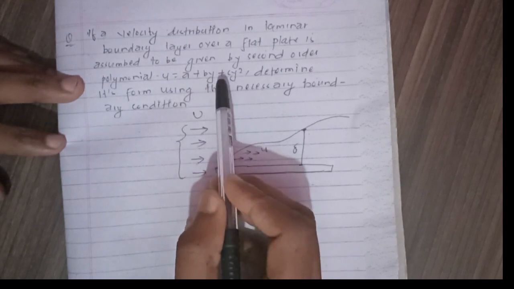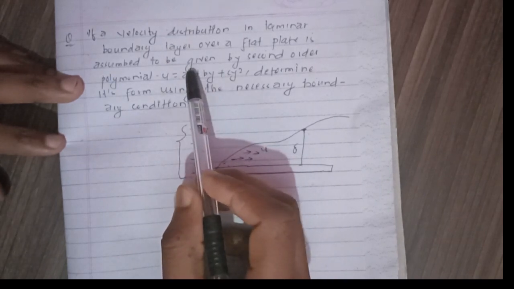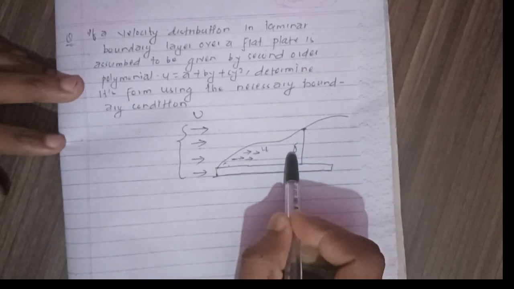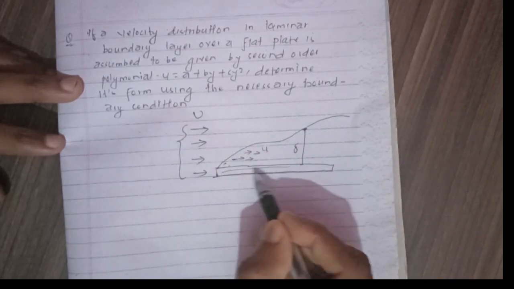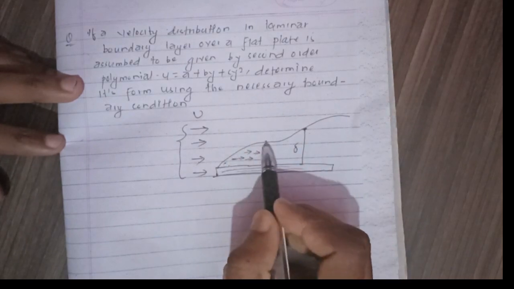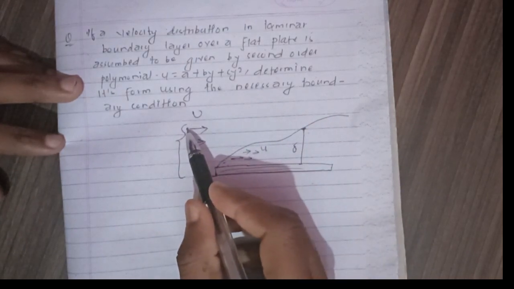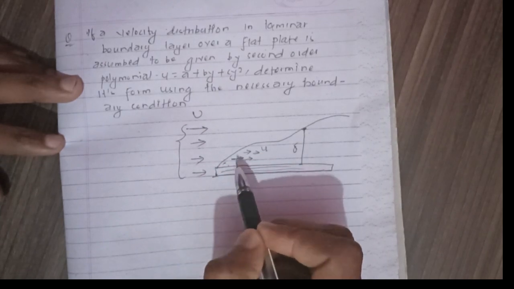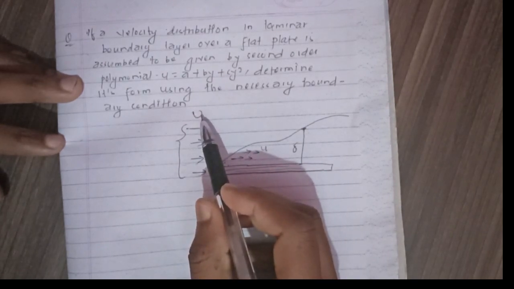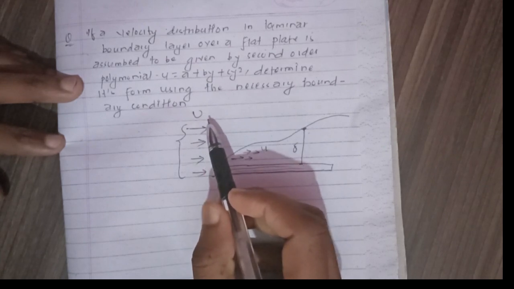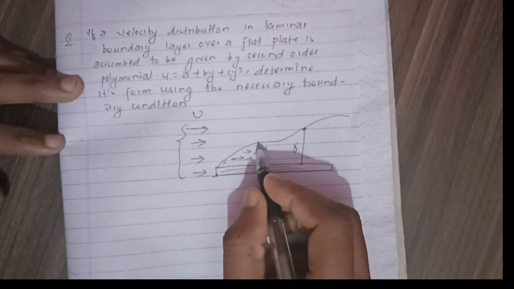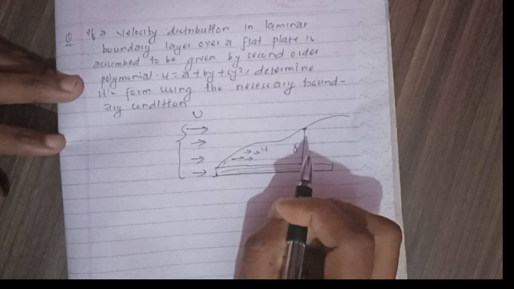What is this u and y? U and y we know. Y is the distance from the plate. This is a plate and this is a boundary, and this is a fluid flowing towards the plate, and this capital U is the velocity of fluid, which is also called free stream velocity of fluid, and this small u is the velocity within the boundary layer.